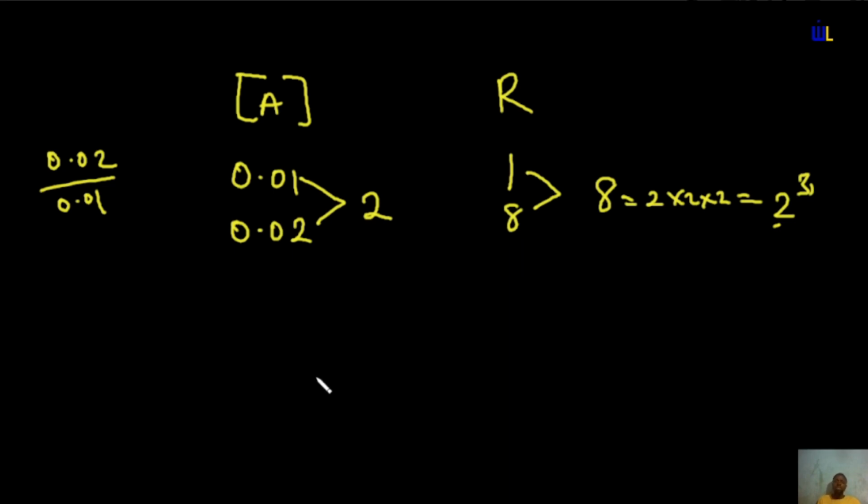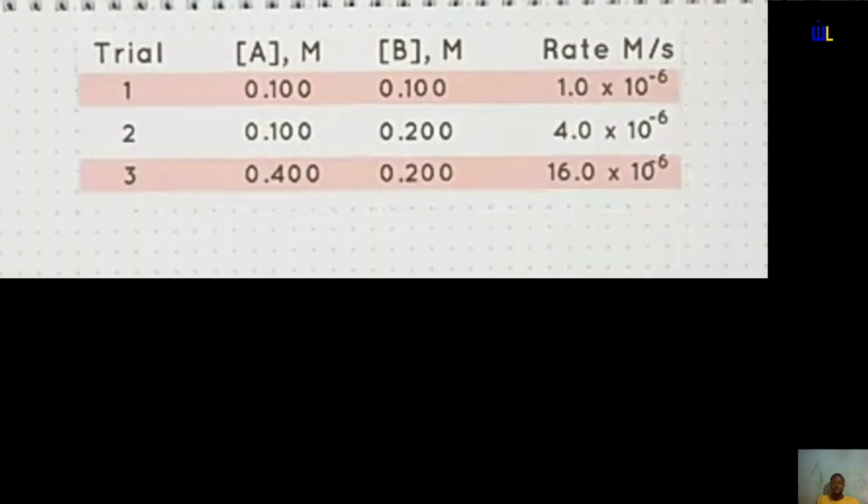Okay, let's now consider an appropriate experiment, having understood how to determine these things, where we now have 2 reactants involved. Now, in these experiments where you have 2 reactants involved, what you basically need to understand is you would check the concentration in relation to the rate for one of them before you go to the other.